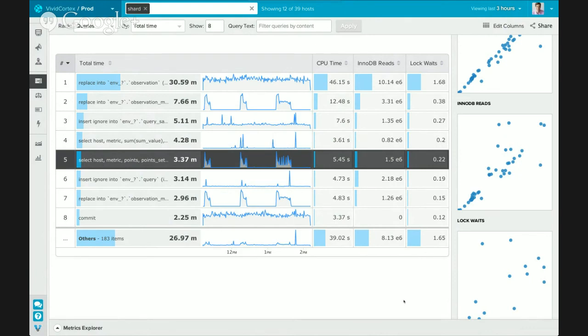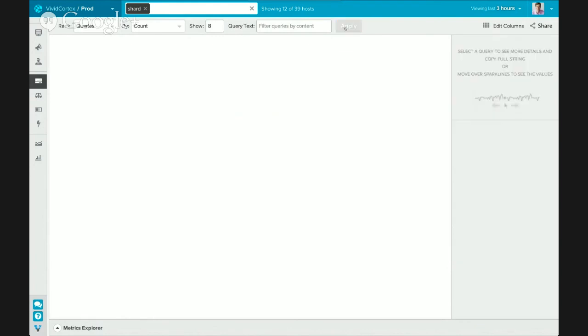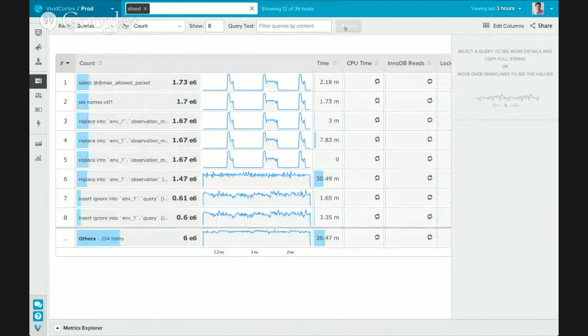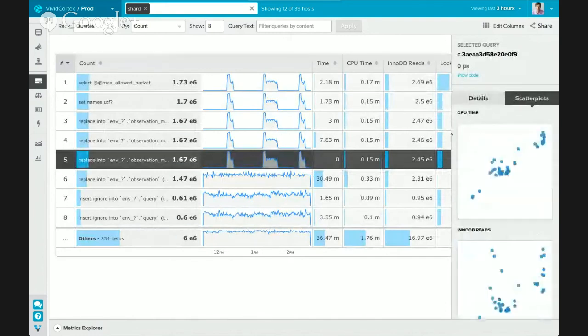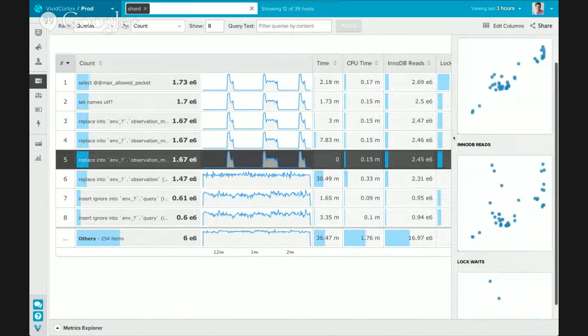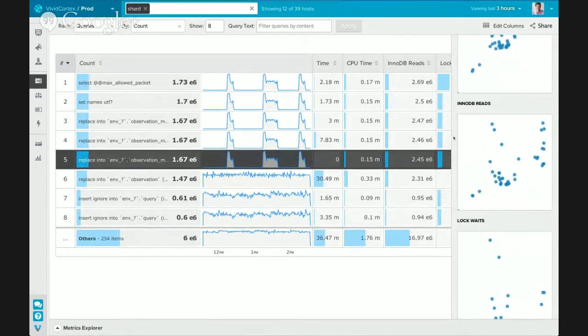Now, if we regress the count of queries, so let's order queries by count instead of by total time, and look at one of them, we may get a stronger relationship. And I actually don't know the answer to this, so we're going to find out. And no, the lock weights are still basically a hairball. So don't trust the lock weights again.